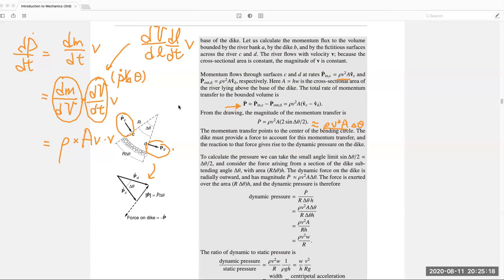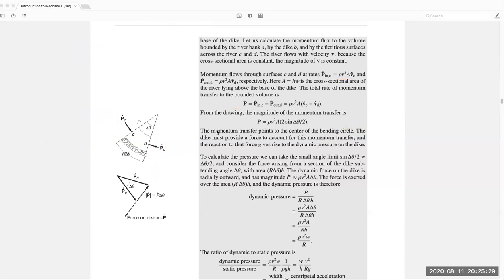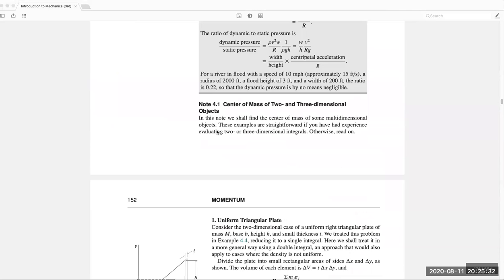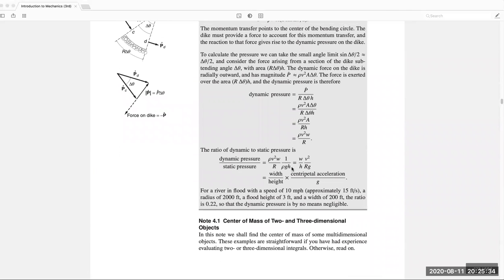So it's quite normal if you don't know how to do it the first time. So that's how we get the answer.